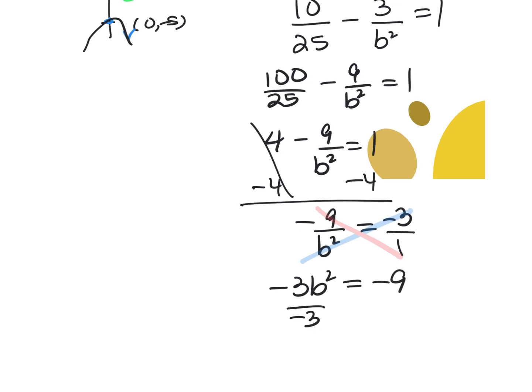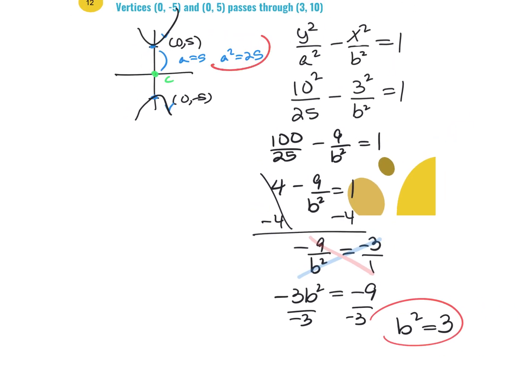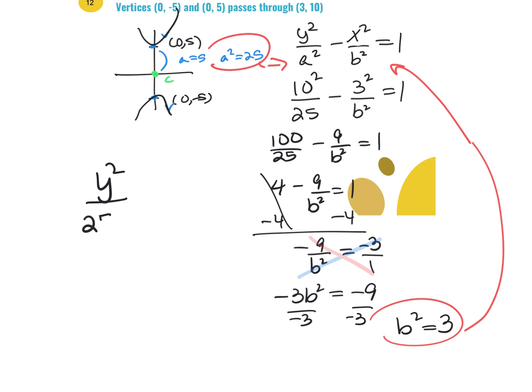Divide by negative 3. And b squared equals positive 3. I don't need to square root it because I need b squared and I need a squared. So then I just plug them in here and here. y squared over a squared, which is 25, minus x squared over 3 equals 1. And I'm done.